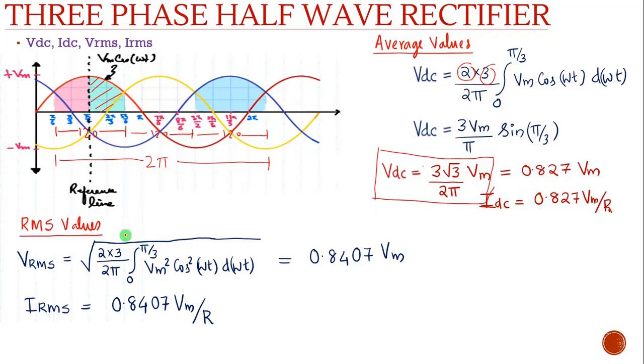Coming to the RMS value, the root mean square value, using the same expression, 2 into 3 divided by 2 pi, 0 to pi by 3, and the square of the term Vm square cos square omega t d omega t, we will get 0.8407 Vm, and IRMS equal to 0.8407 Vm by R, since it is a resistive load.